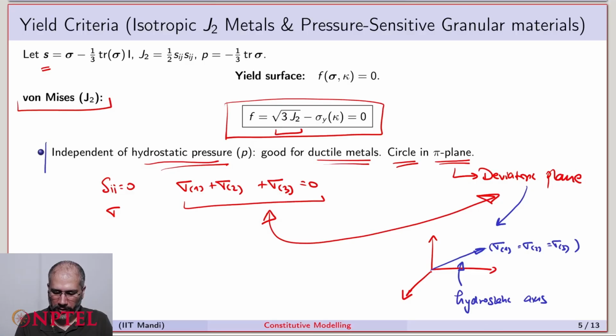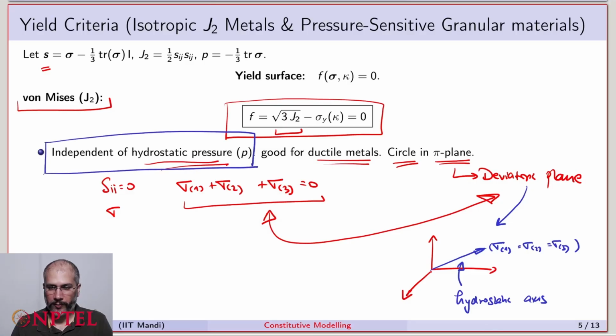And remember, the reason we can work in this deviatoric plane for discussing yielding is because we assume that for these materials like metals, and that's true, yielding does not depend on the hydrostatic pressure. If it did depend on the hydrostatic pressure, then we cannot work in this plane because this plane has no information about the spherical part of the stress.